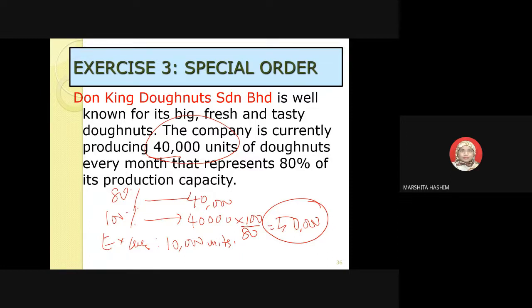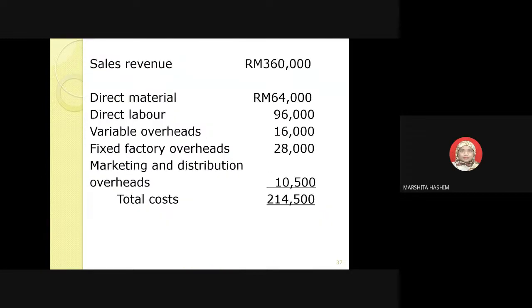So if you accept order more than 10,000, you need to let go your contribution margin from normal activity. Okay, we read further before that.